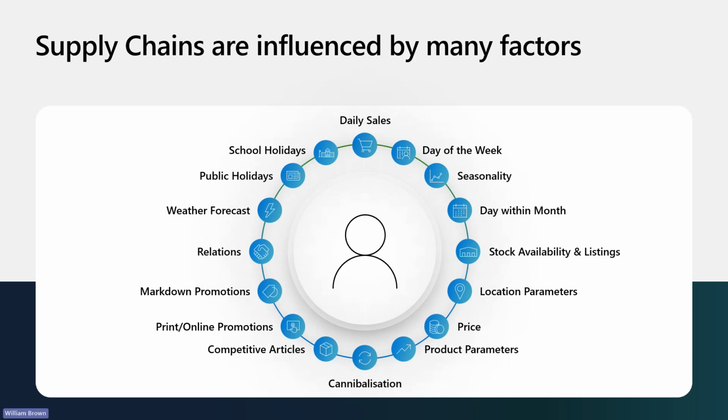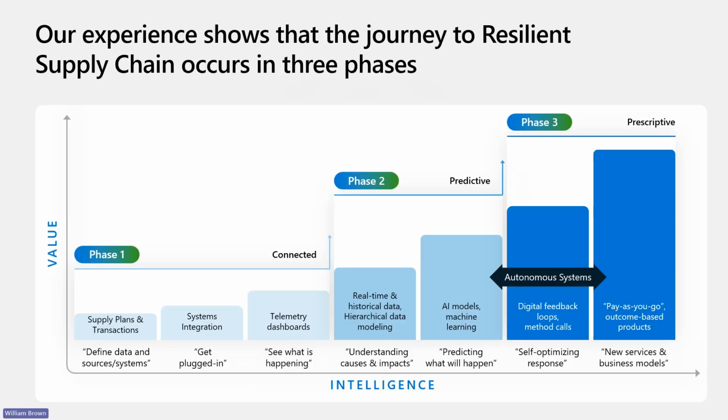So that was a process of getting people to a maturity curve where we took them from systems integrations and a lot of exports and pulling data in to moving up into phase 2.